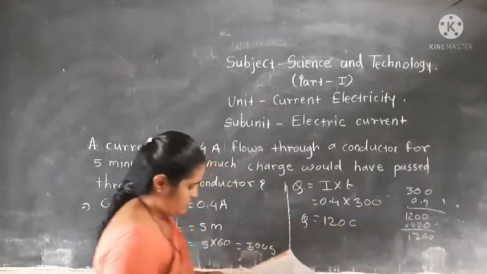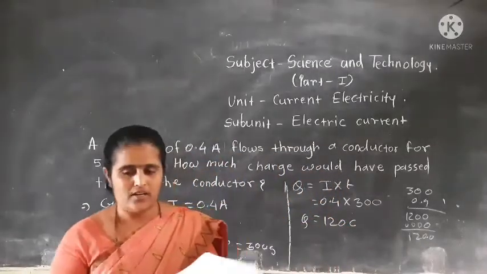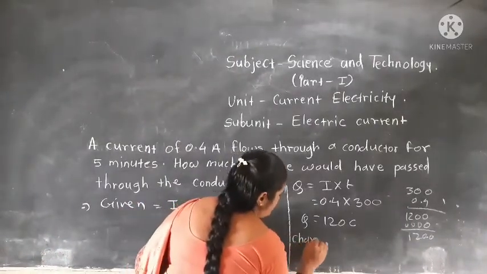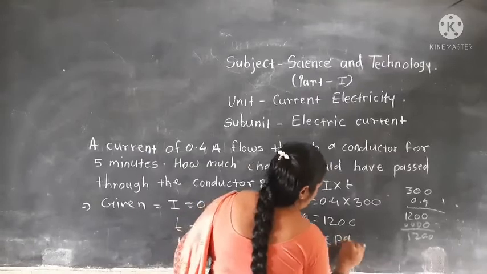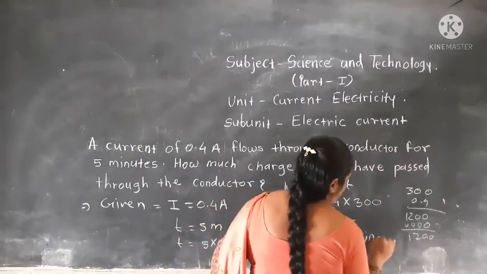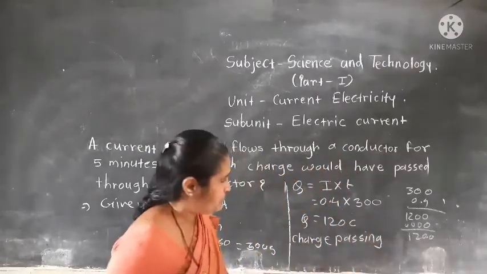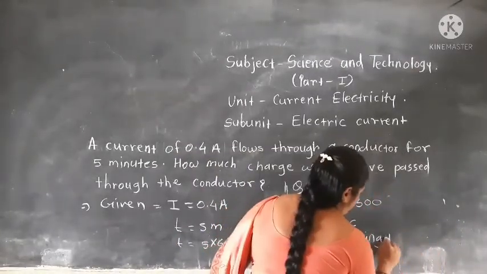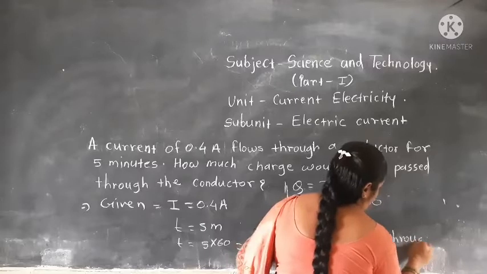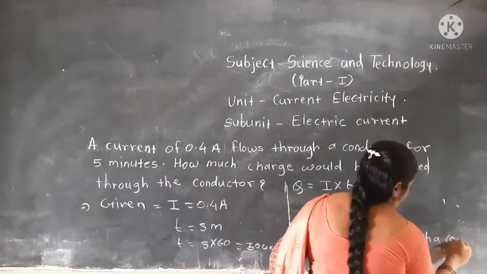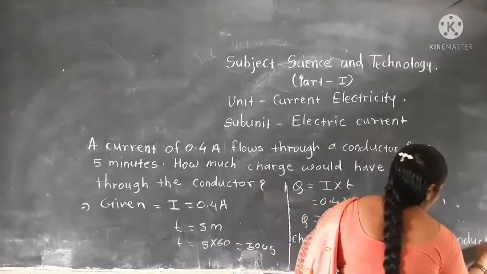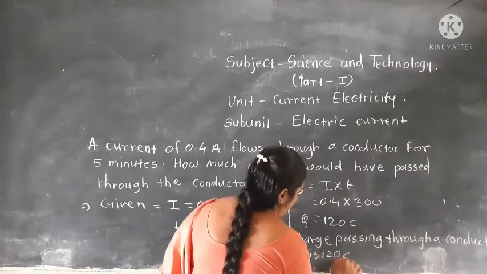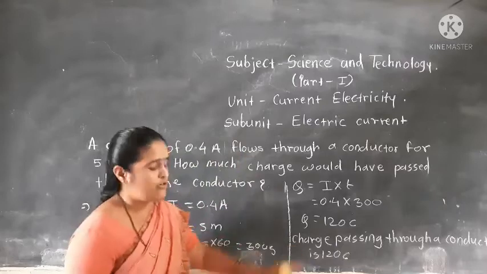Okay, then the charge passing through a conductor, let's write down the answer: charge passing through a conductor is 120 coulomb.